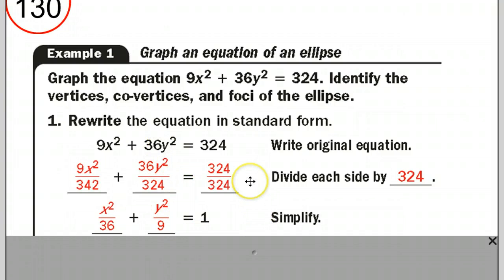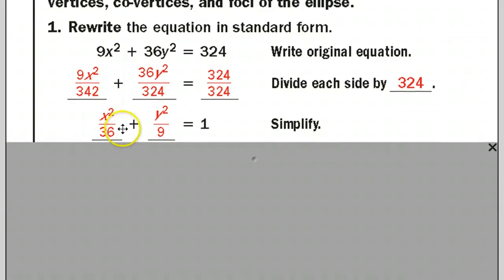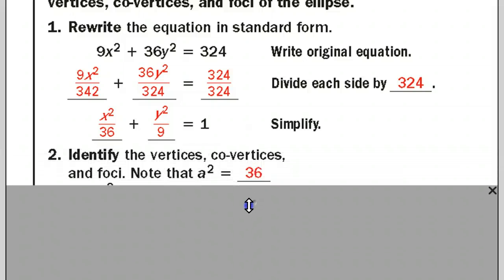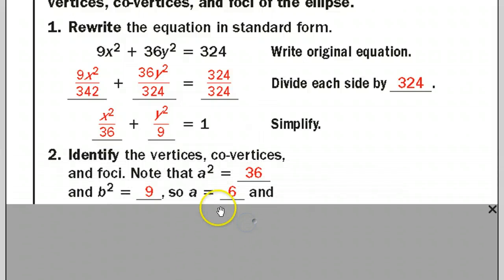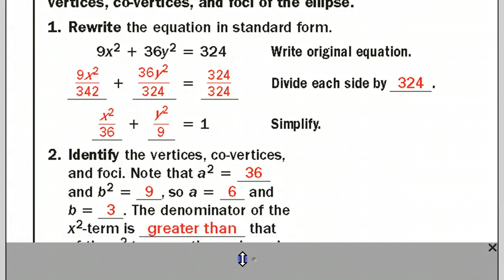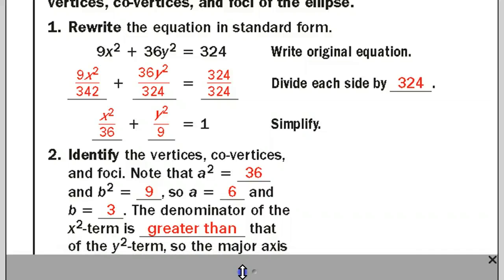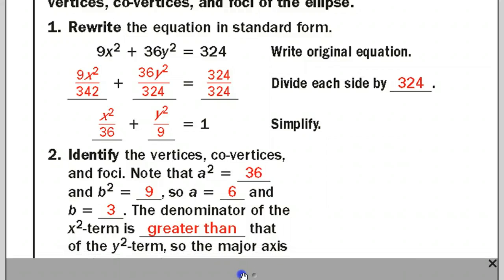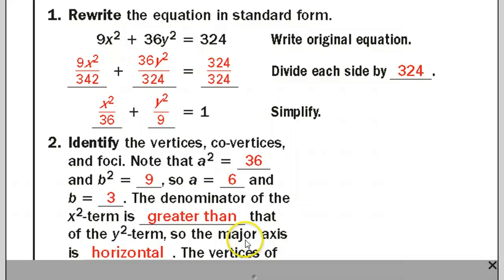So now we are able to identify what our a and our b are. Since a squared is 36, a would have to be 6, and since b squared is 9, b would have to be 3. And since the denominator of the x squared term is greater than that of the y squared term, our major axis is under the x, so our major axis is horizontal.